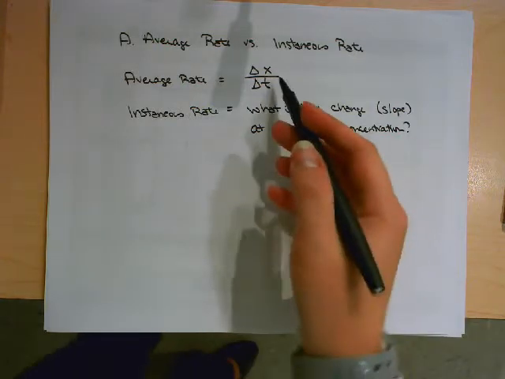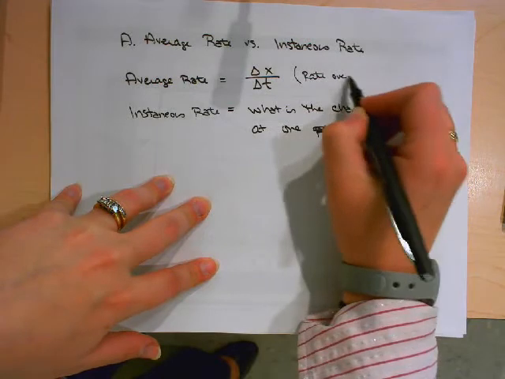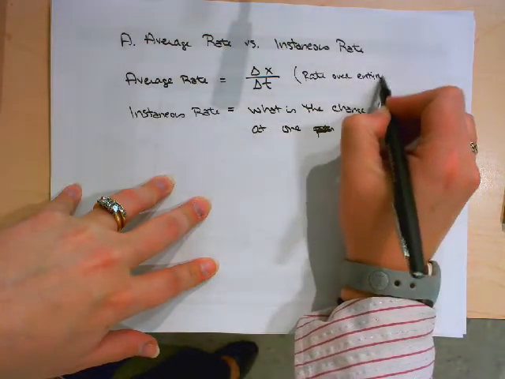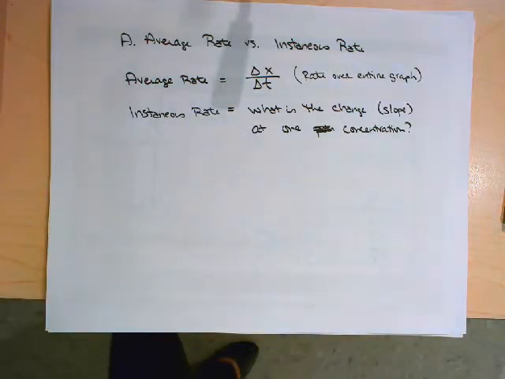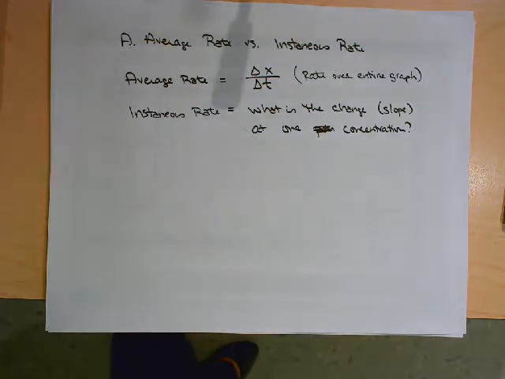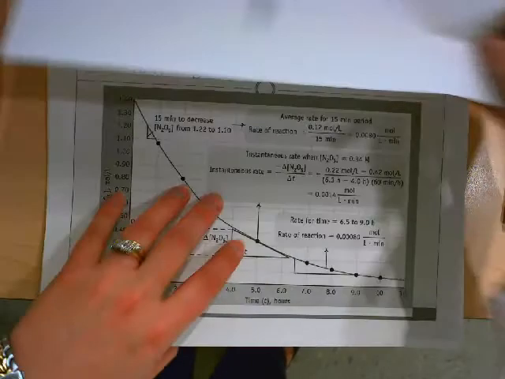This is the rate over the whole graph. This is the rate at one spot on the line. So if I went 10 minutes and stopped the reaction, looked at the reaction, what would be the slope at that one second in time? Or at one concentration, what was the slope? So if we look at this crazy graph, there's a lot of information on here.